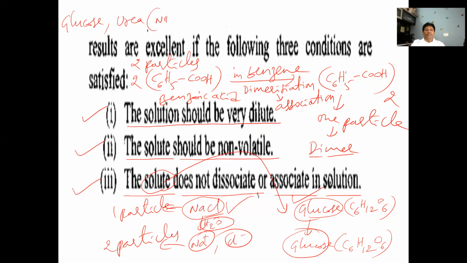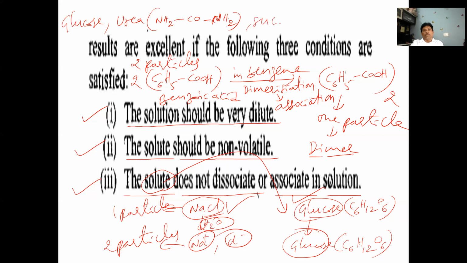Urea formula is NH2-CO-NH2, where NH2 is the amino group and CO is the carbonyl group. Urea gram molecular weight is 60. Glucose gram molecular weight is 180 grams per mole.